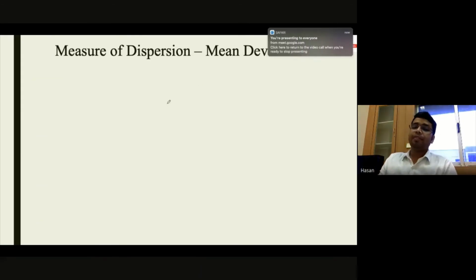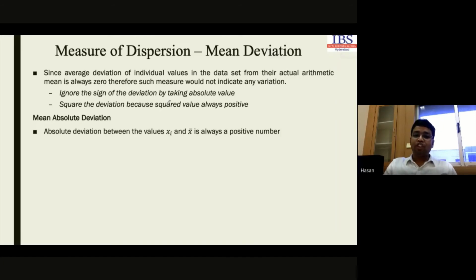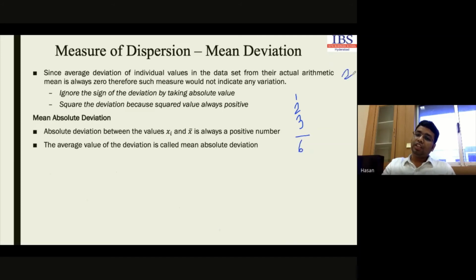Okay, so this is mean deviation. This deviation can be absolute, or we can take the square also. For example, take 1, 2 and 3. The total sum is 6, so the mean is 2. Now look here.